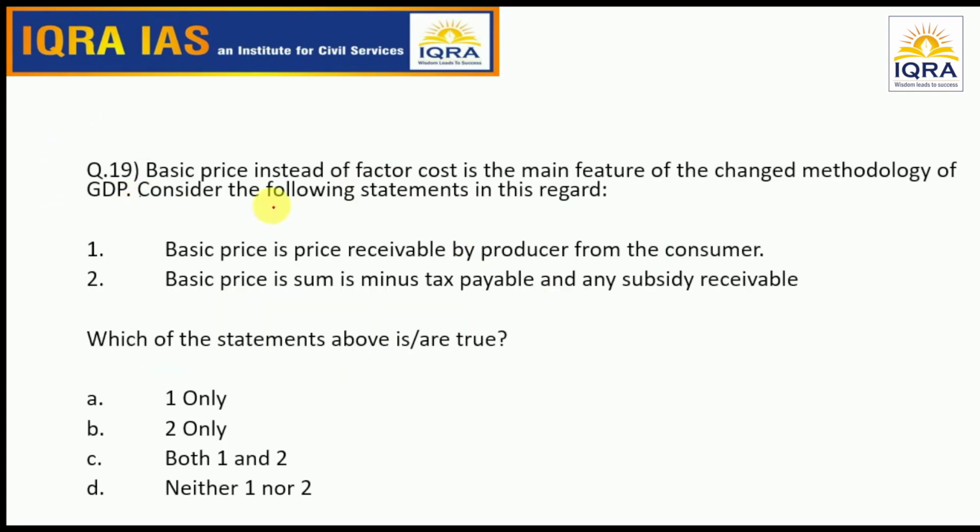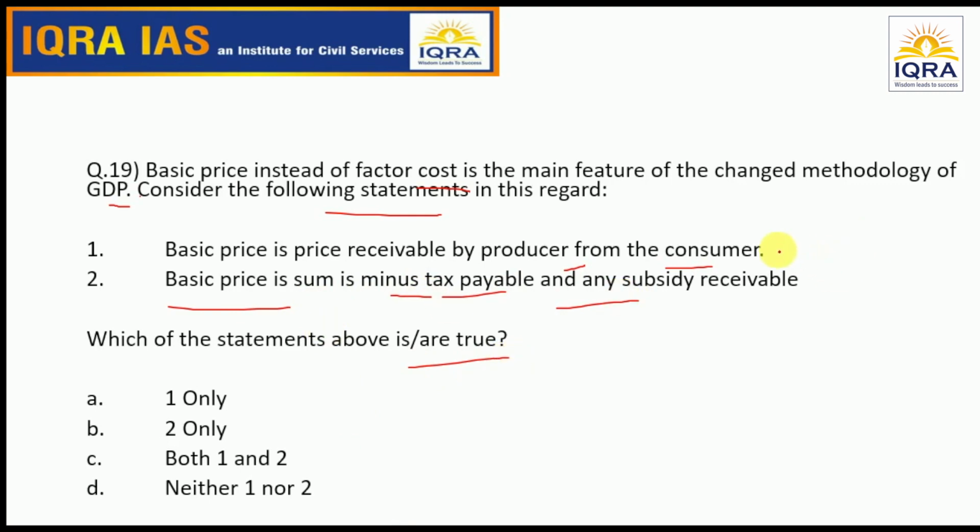Question number 19. Basic price instead of factor cost is the main feature of the change in methodology of GDP. Consider the following statements in this regard. Basic price is the price receivable by the producer from the consumer. Basic price is the sum of output minus tax payable and any subsidy receivable. Which of the statements are true?